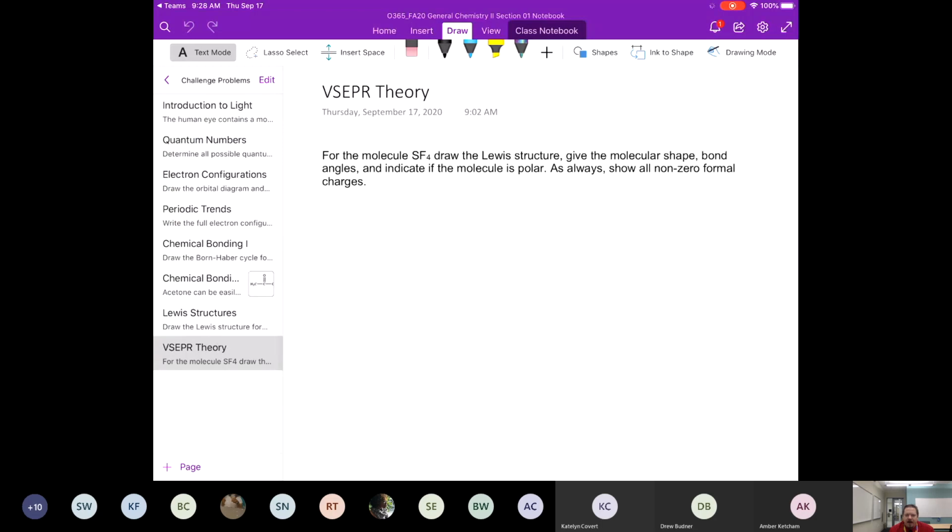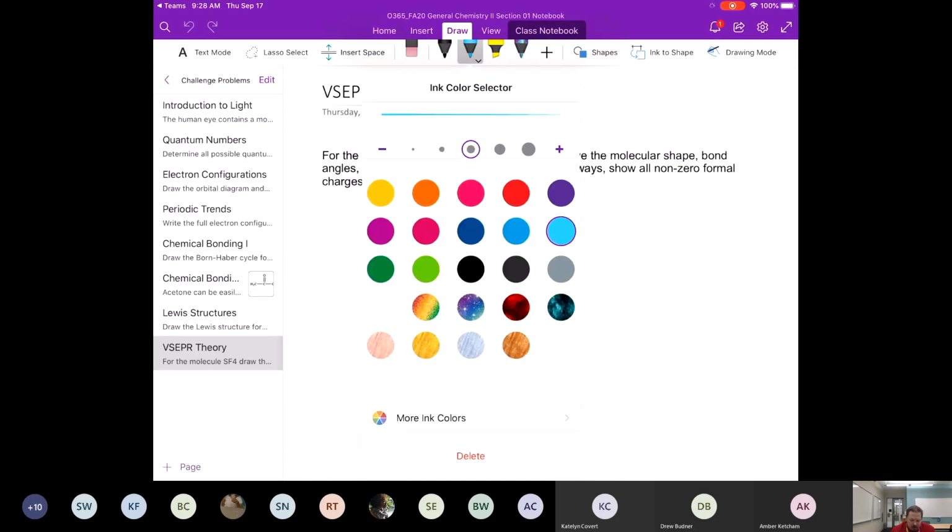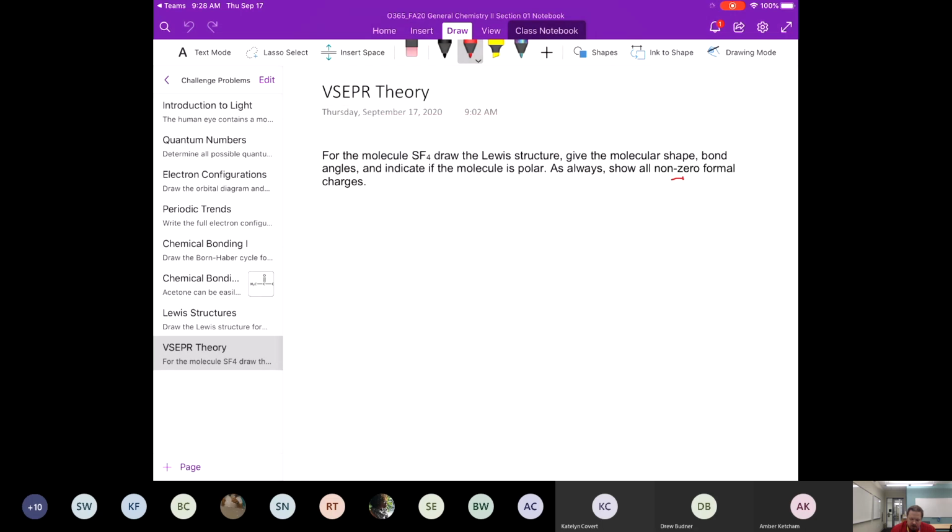And then once we have that correct Lewis structure, we're going to interpret the molecular shape, the bond angles, and indicate whether it's polar or nonpolar. And in doing that, we're also going to record any of these non-zero formal charges. We're going to go through the steps just like we did before, probably in a different order.